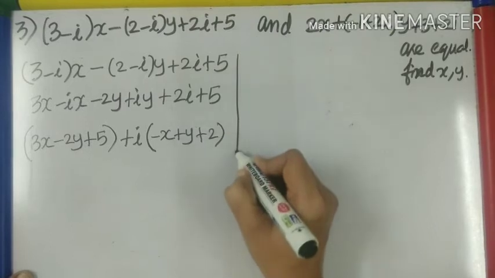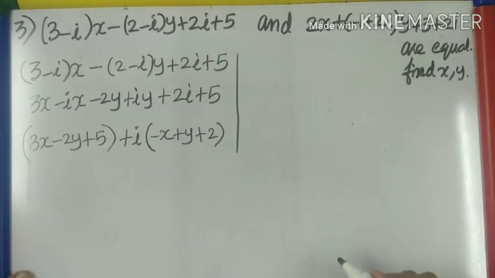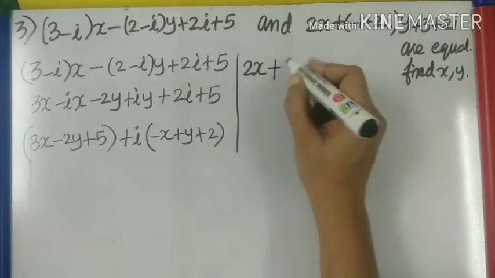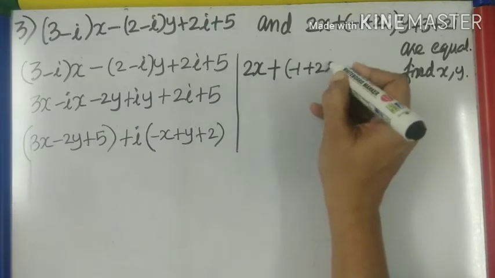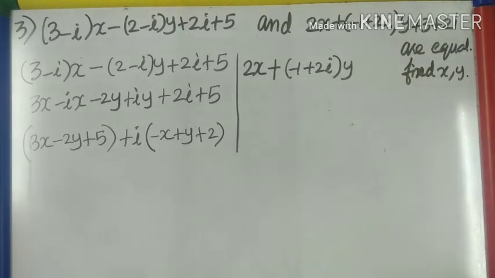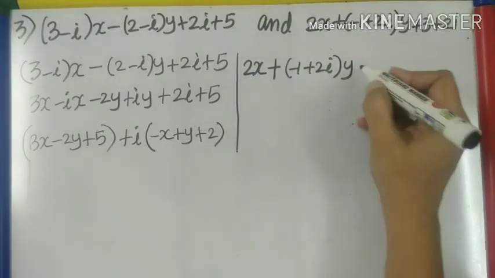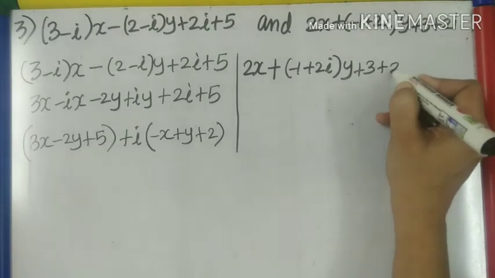Same pattern. Let me simplify this one. 2x plus minus 1 plus 2i into y, plus 3 plus 2i.